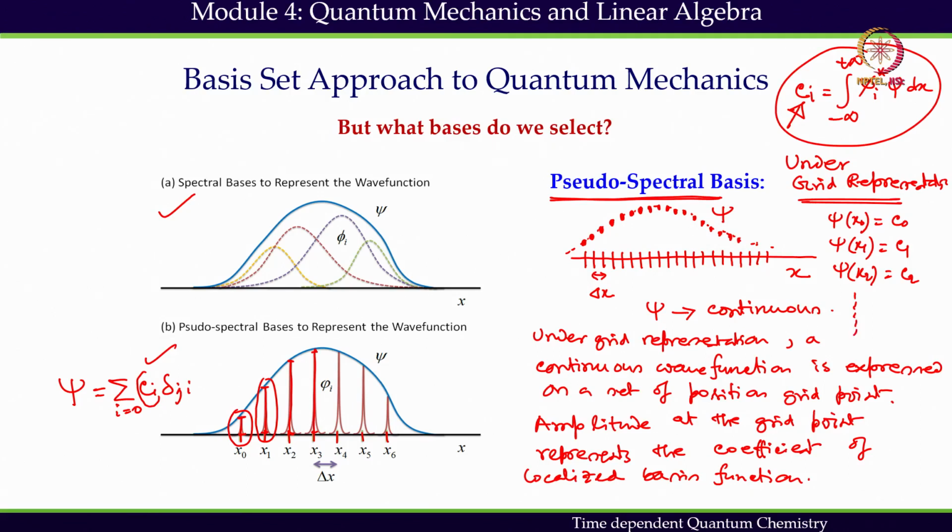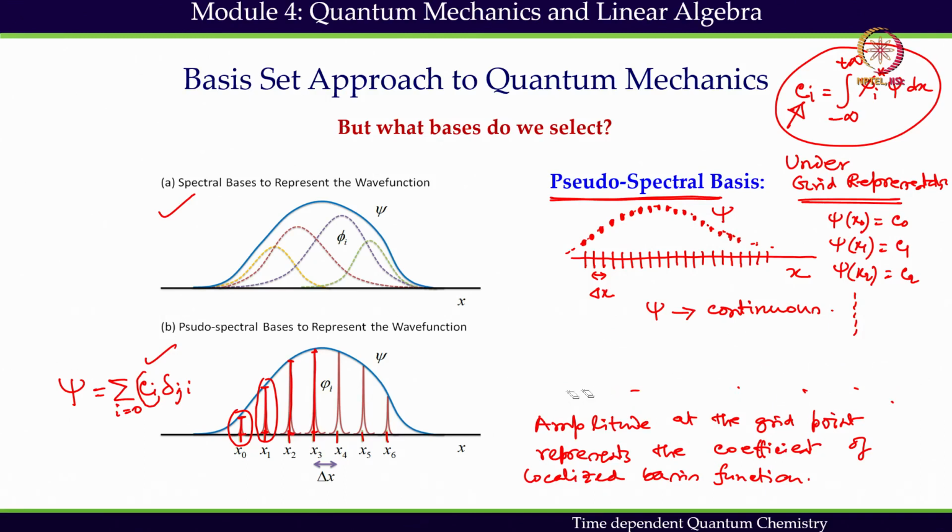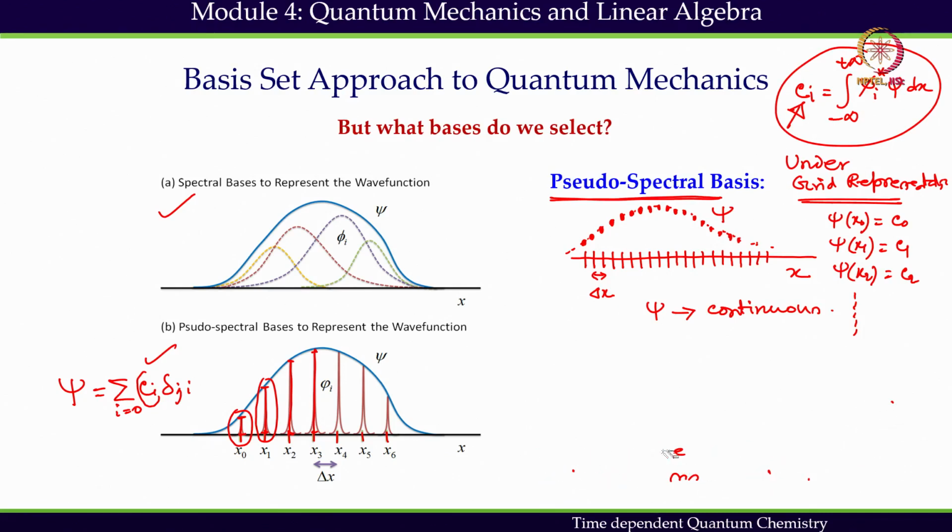In the end I will be able to represent the wave function in matrix form, and it is going to be similar to the spectral basis form, but the only difference is the nature. The matrix should look like the following.